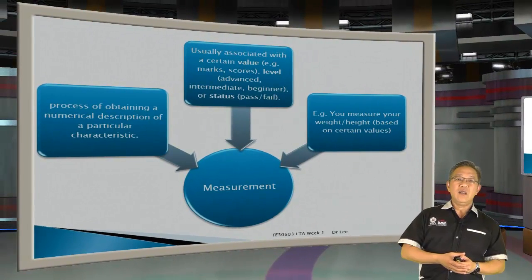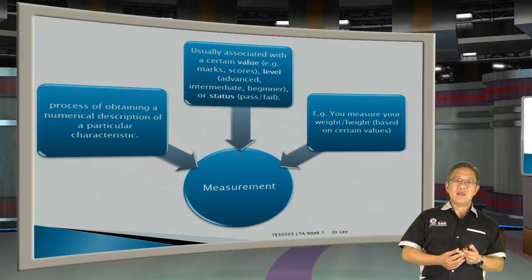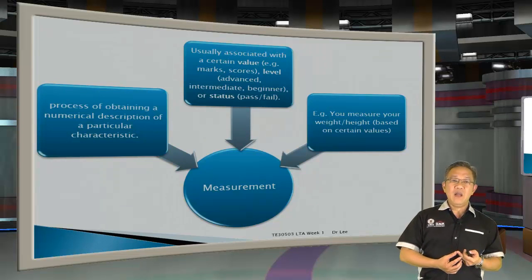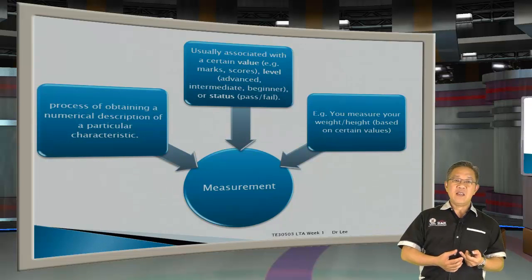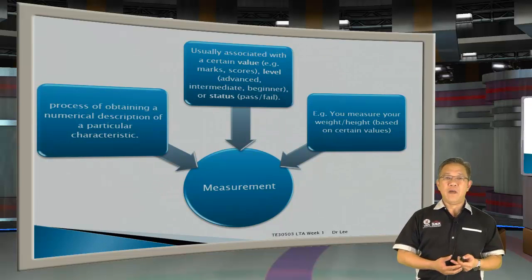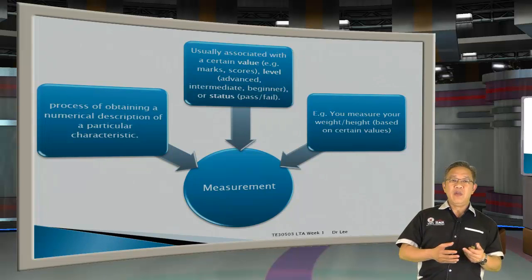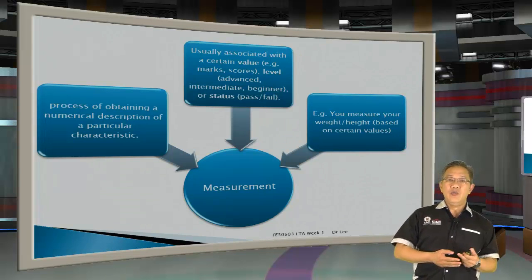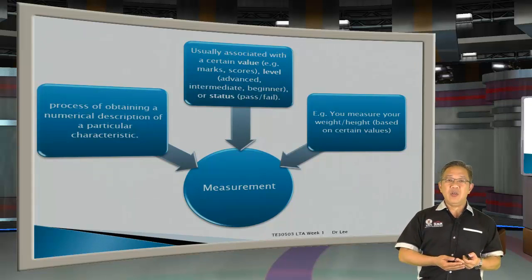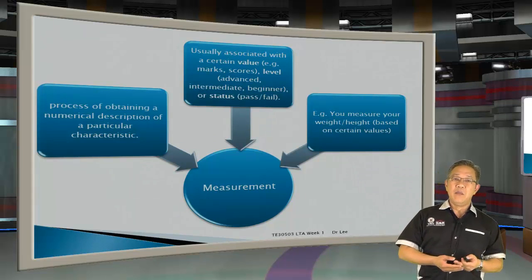And usually, measurement is associated with a certain value, for example, marks, scores, or level, which could be advanced level, intermediate level, or beginner level, or sometimes status, pass or fail. And when we talk about measurement, you could, for example, measure your weight, your height, based on certain values.